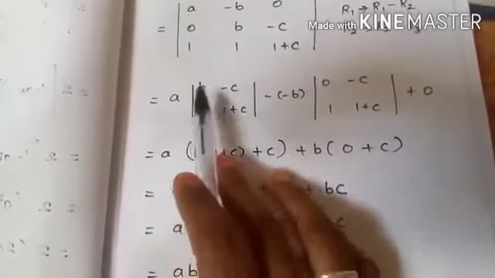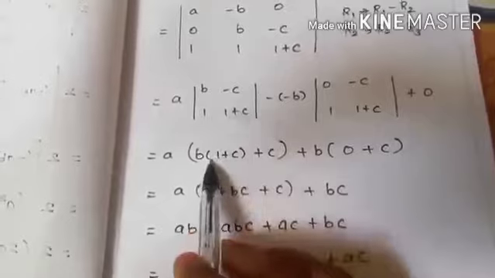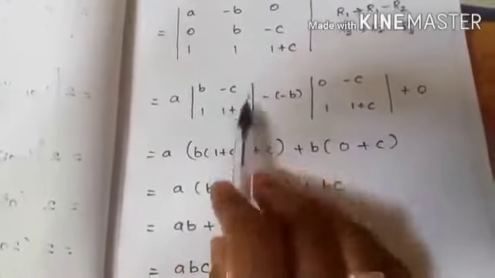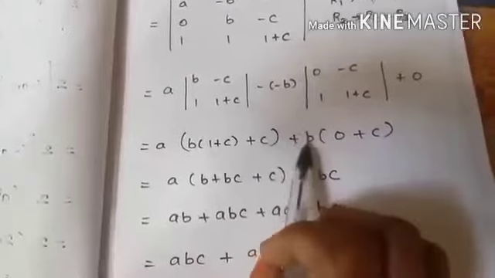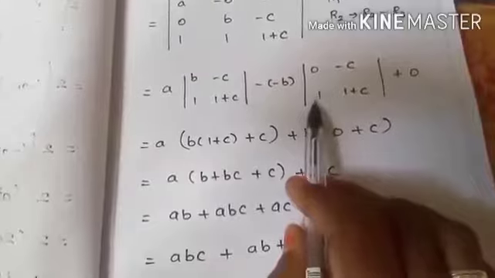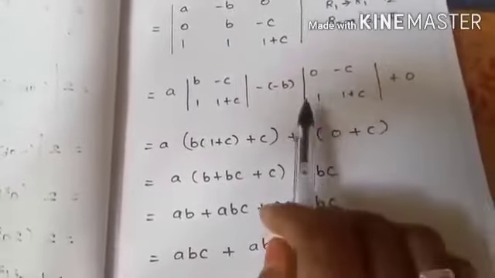So A into determinant of B into 1 plus C, B into 1 plus C minus of minus is plus 1 into C is C. Minus B into 0 into anything is 0.